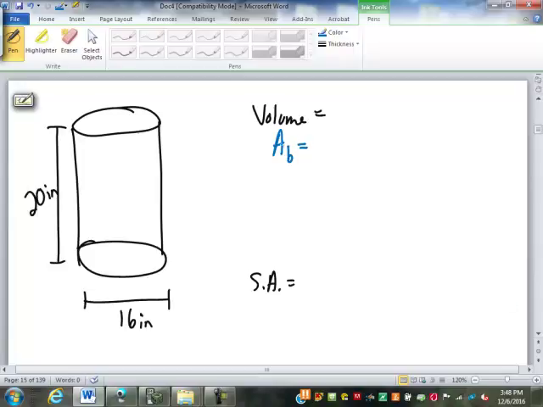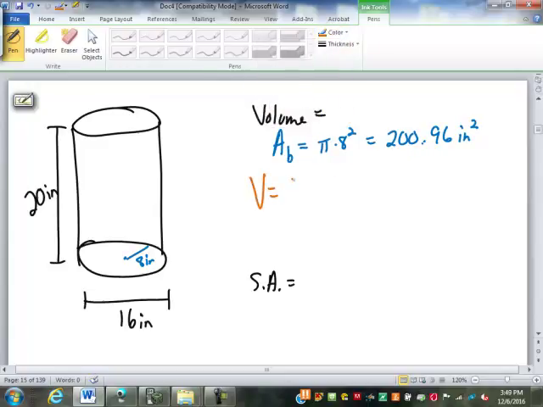For the volume, no matter what we're finding, volume or surface area, first thing we have to find is the area of the base. This is a circle, so that'll be pi times radius squared, so pi times 8 squared. That's a diameter of 16, that's going to be a radius of 8 inches. Pi times 8 squared is 200.96, I believe, inches squared.